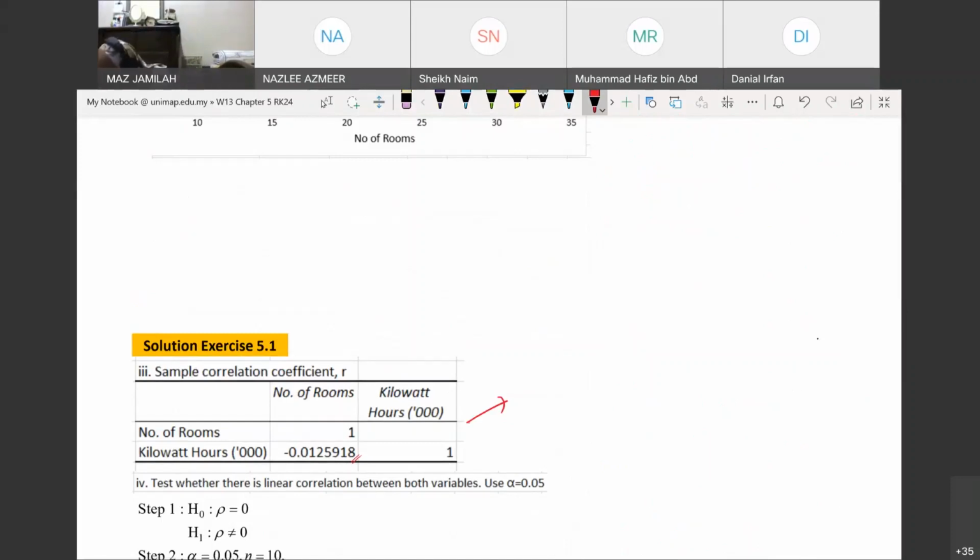Okay, the question is compute and interpret the sample correlation.